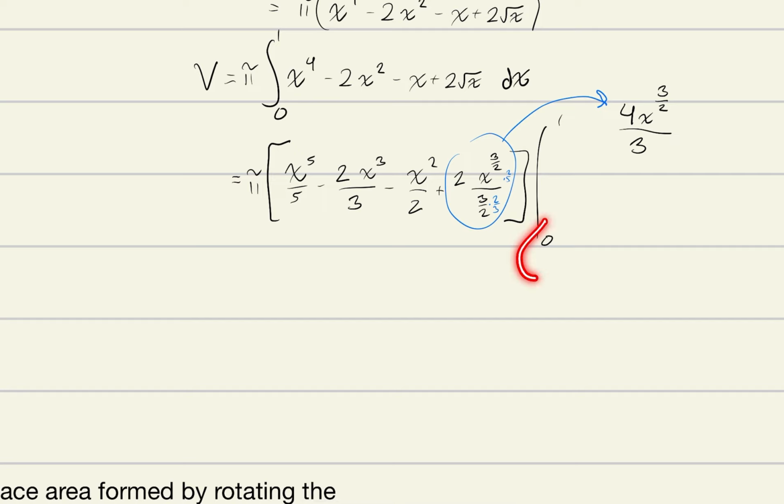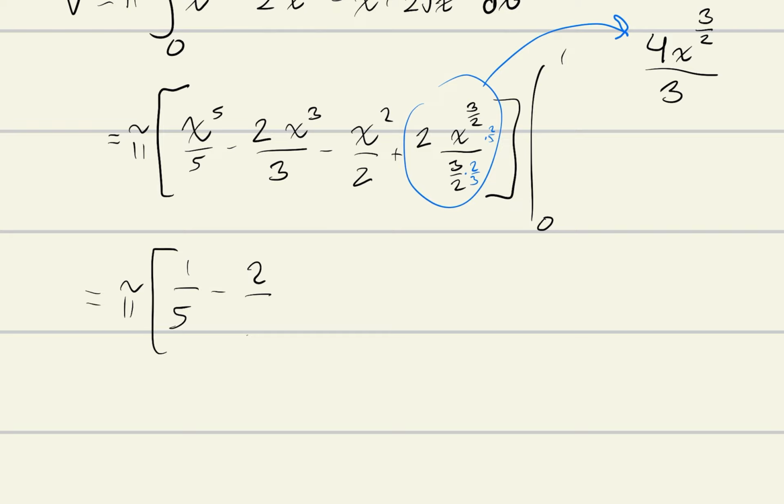And we can see if we plug in 0 to any of these x values, we'll get 0. So we'll skip that step and only plug in the 1, which would give us 1/5 minus 2/3 minus 1/2 plus 4/3.